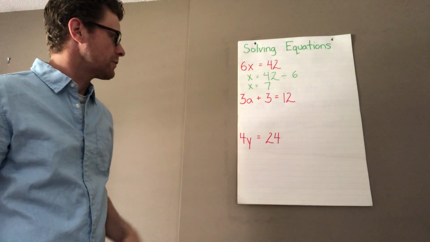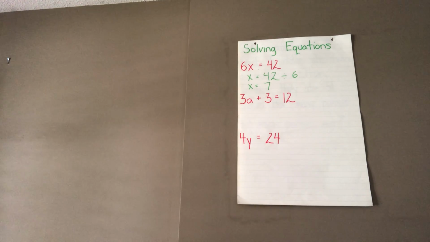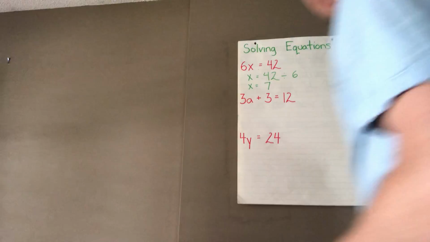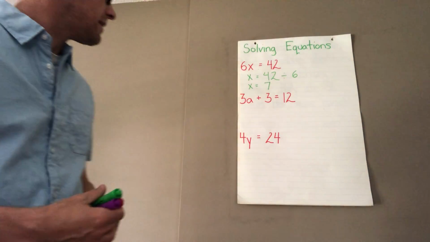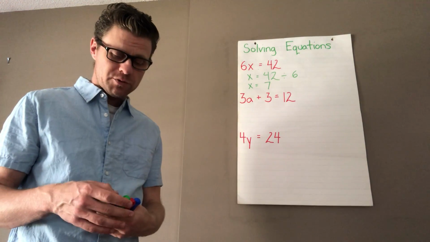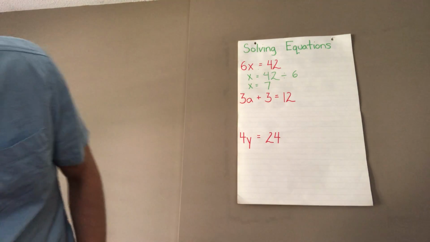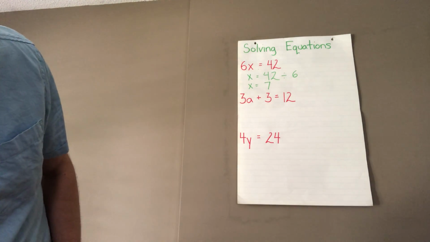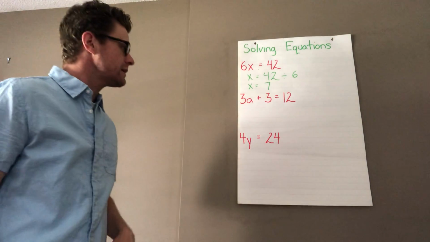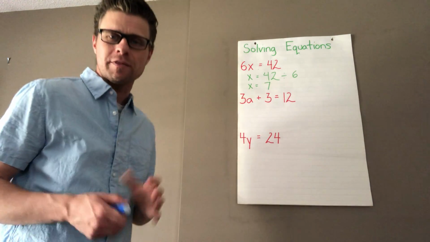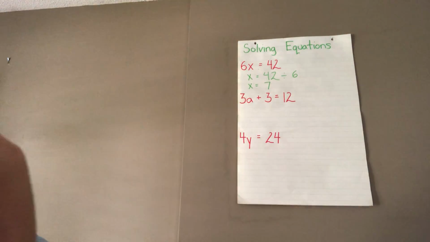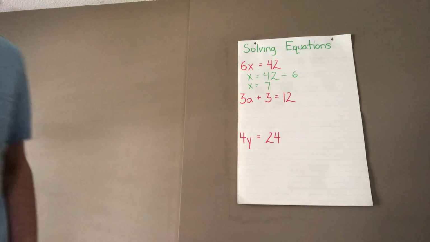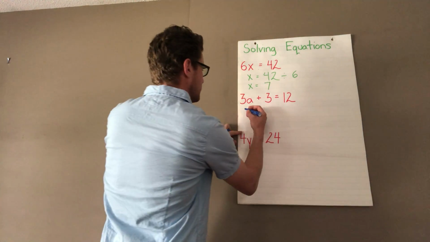Now let's try the second one. I'm actually going to get a different color marker. So 3a plus 3 equals 12. So we're going to actually move our constant numbers so they're together. So 3a is going to stay on the left side of the equal sign.